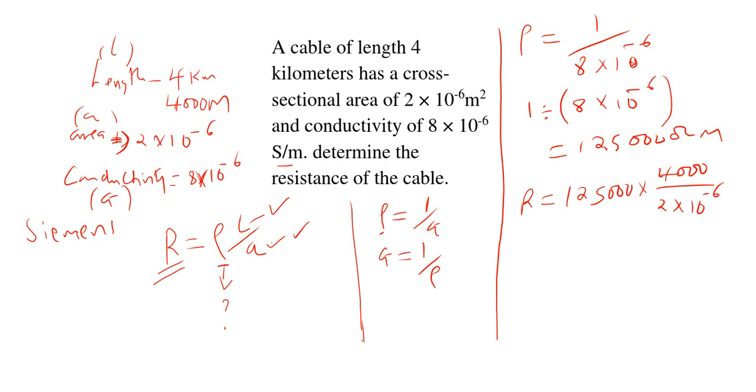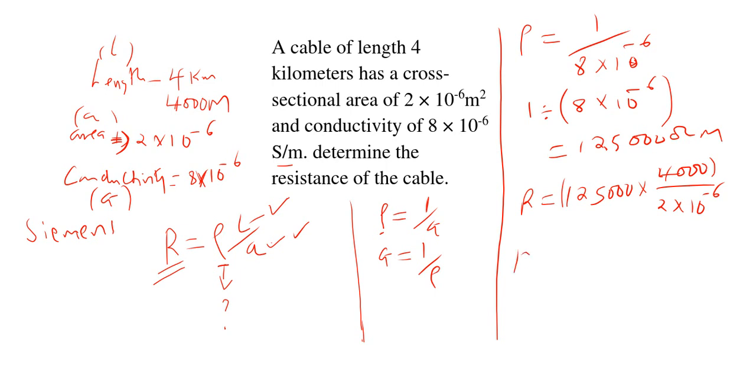So you can multiply 125,000 times 4,000, then you divide the answer by 2 times 10 power negative 6, and you have to put them in brackets.